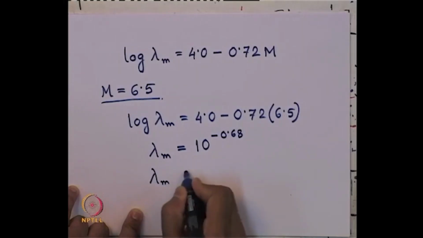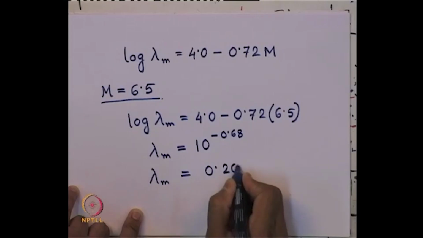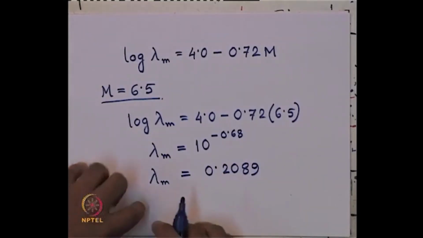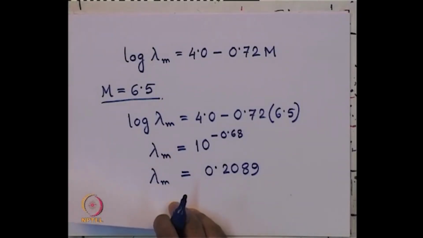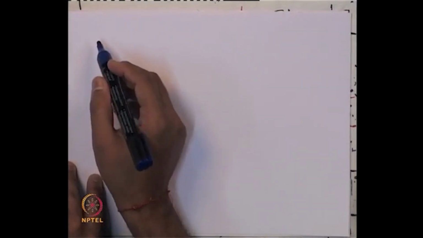Hence, lambda m will be equal to 0.2089. Okay. So, once you obtain this value of lambda m, later on we need to use this value for computing the probabilities.